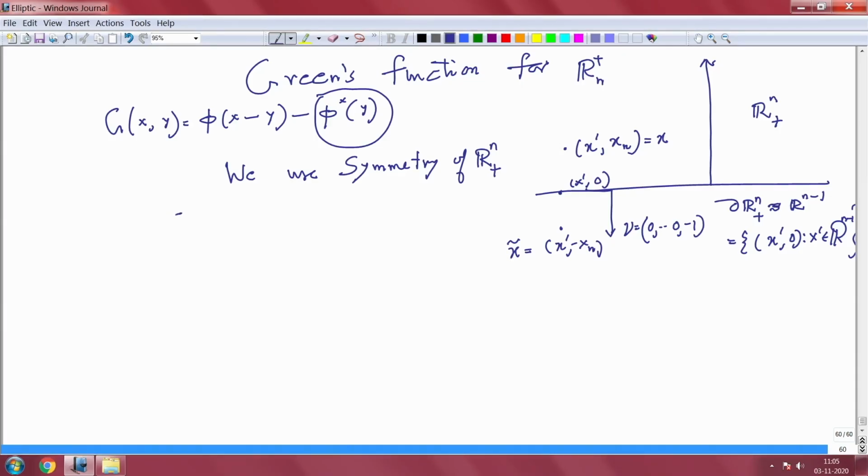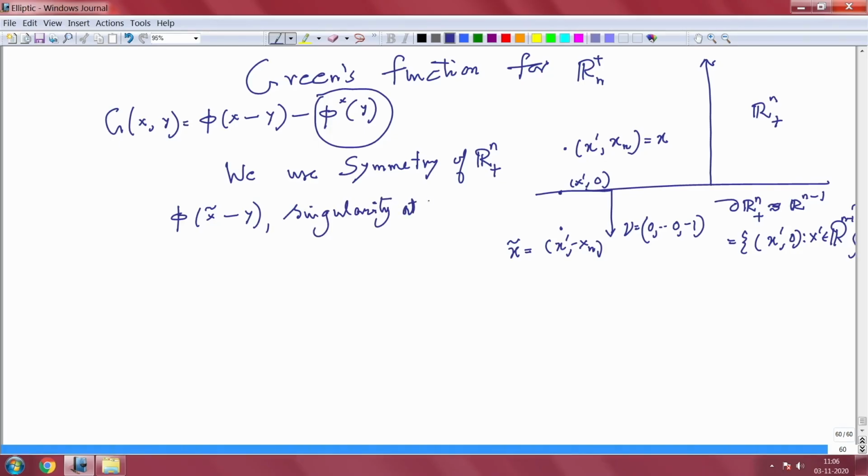So, look at this function phi of x tilde minus y. You have to use that one; y minus x tilde, both are fine. If I use x tilde minus y, it satisfies the singularity at y equal to x tilde, since we are treating it as a function of y.